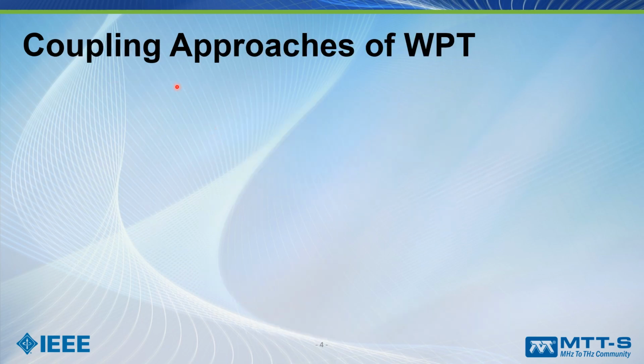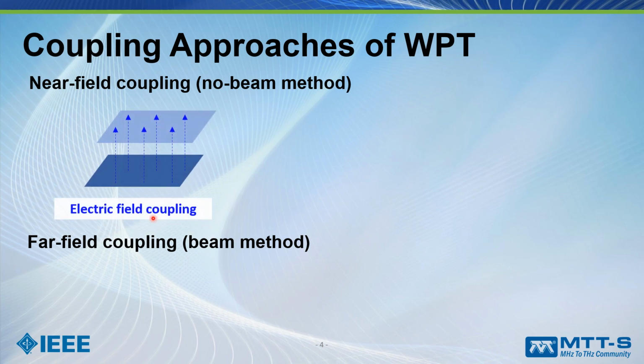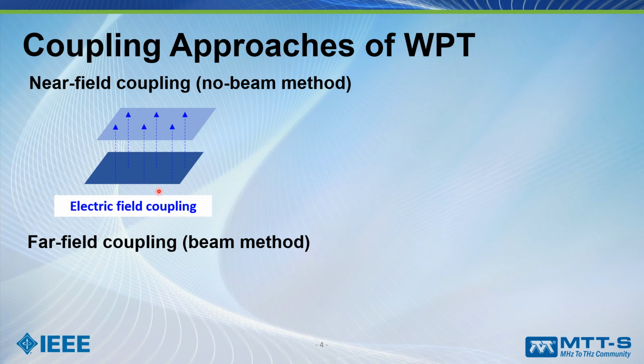As you know, for wireless power transfer, there are lots of coupling approaches. They can typically be divided into two categories. One is near-field coupling, also called the no-beam method, and the other is far-field coupling, also called the beam method. For near-field coupling, there are often two methods.